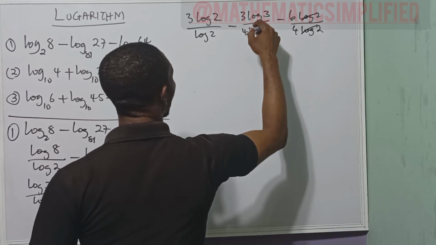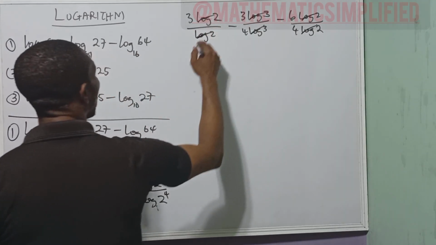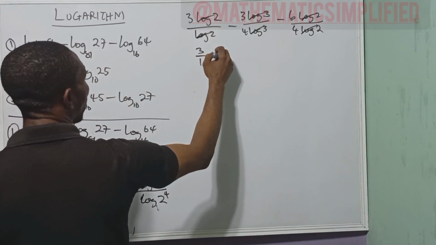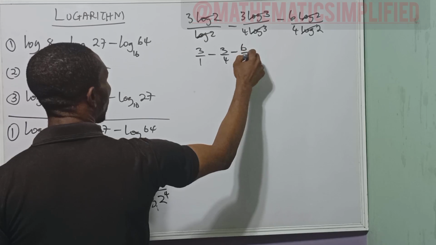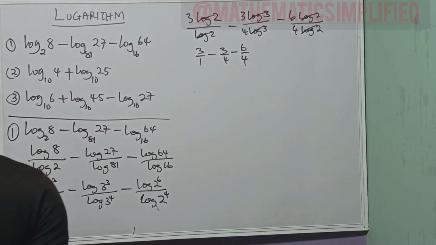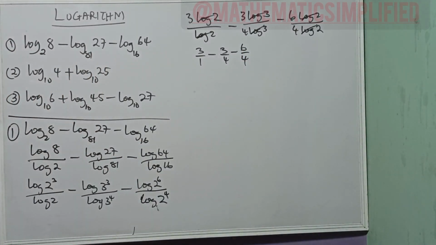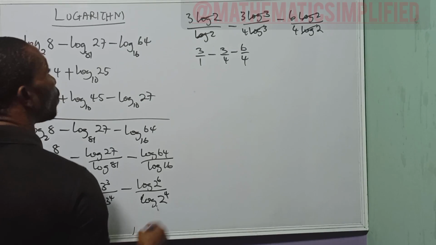So this cancels out, leaving us with 3 over 1 minus 3 over 4 minus 6 over 4. From here we find our LCM. Our LCM will be 4.